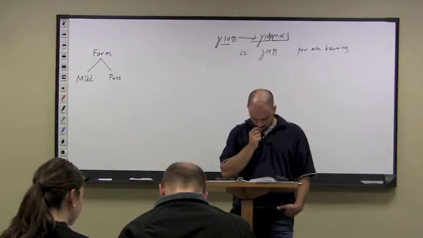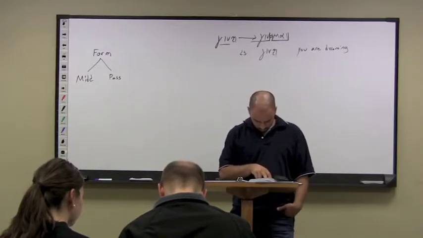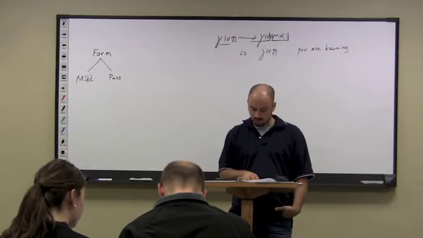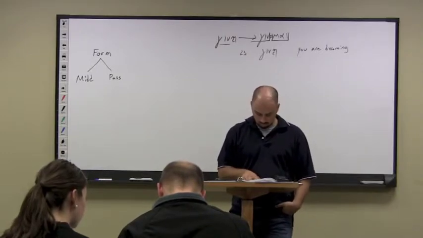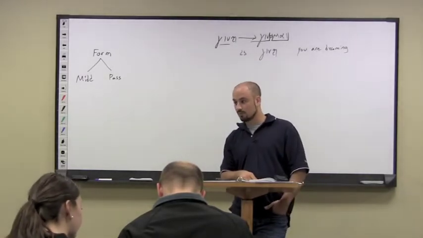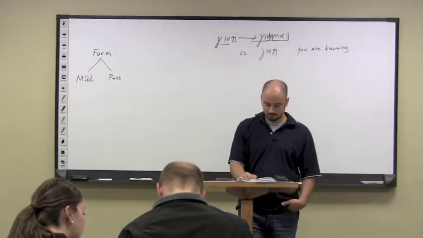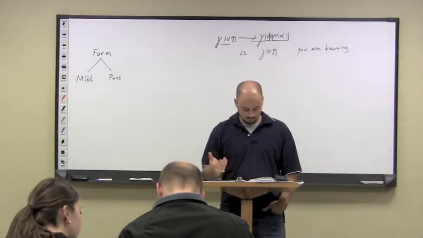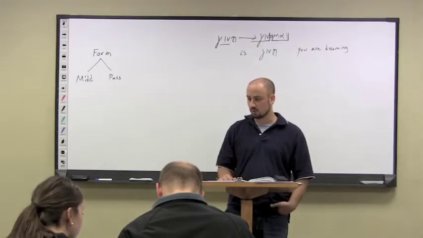Where did his brothers come from? Meta ton adelphon autou, with the brothers of him. Okay, so it's of him. I had he, of he. And we can make that his if we wanted to, either way.